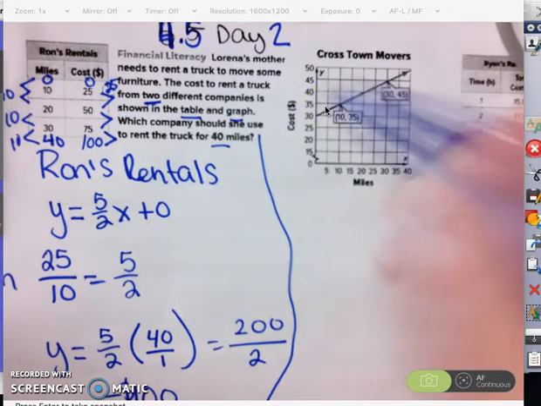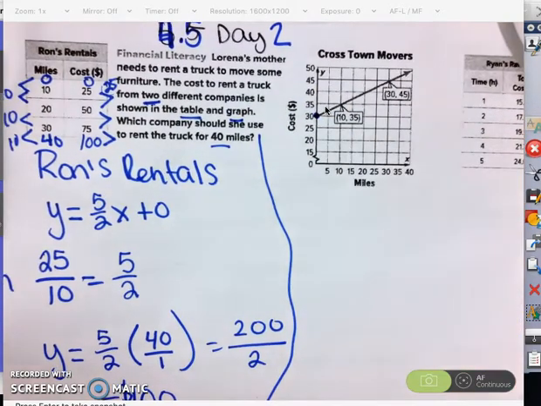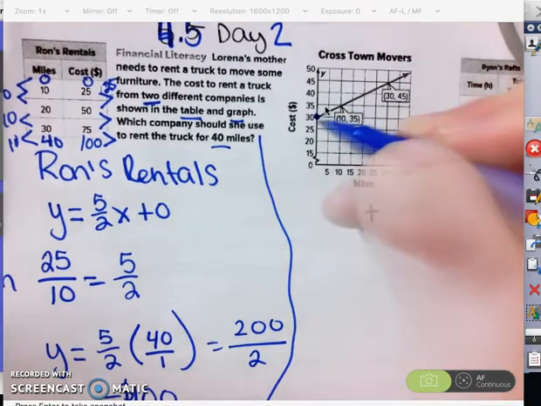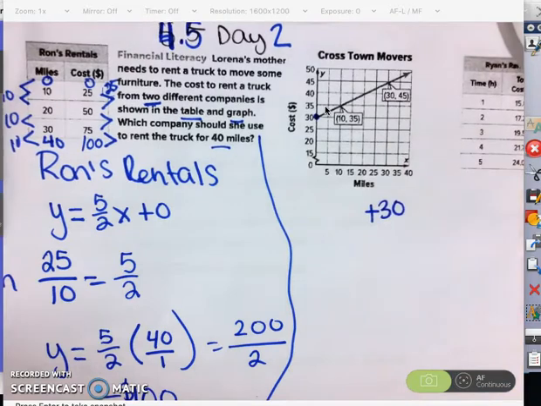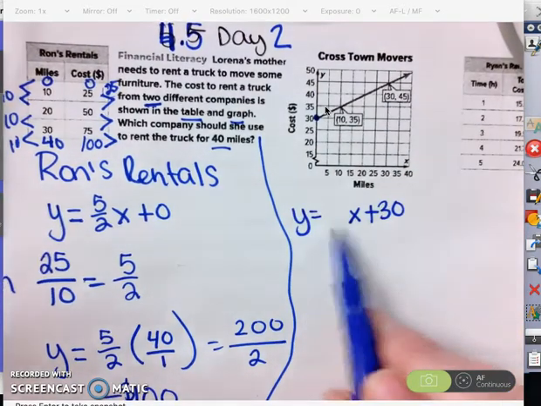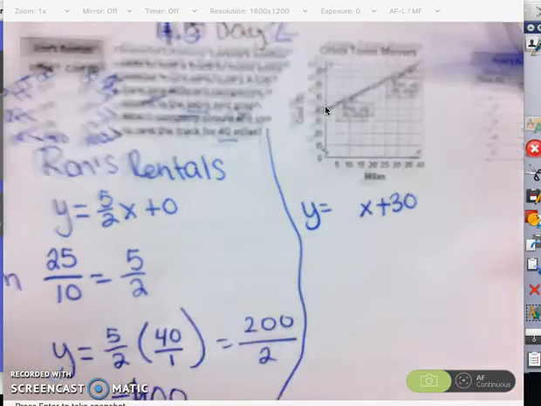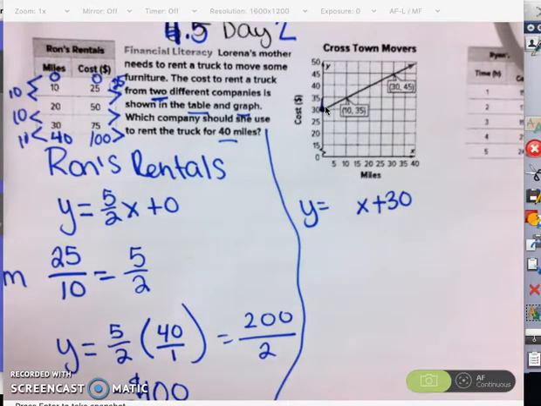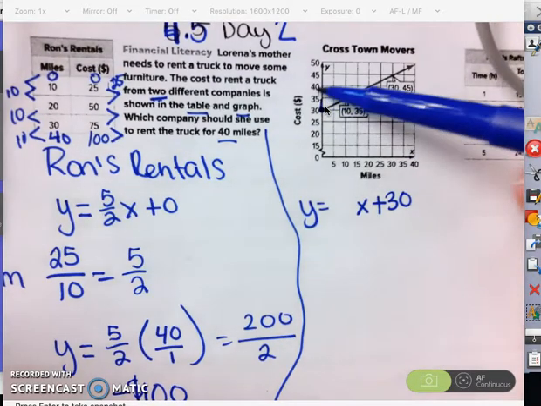The graph gives us our y-intercept. So our y-intercept, that's that plus or minus, but it's a positive 30. But now we need to find our rate of change. So our number that's going to be connected to our x. So we go up from this point here, up. So rise. We don't just go up 1. We have to look at our values here.